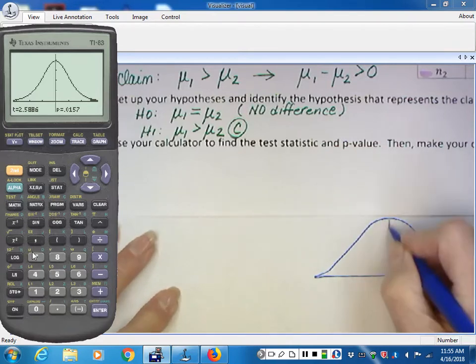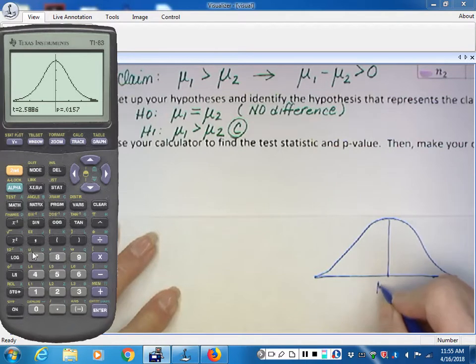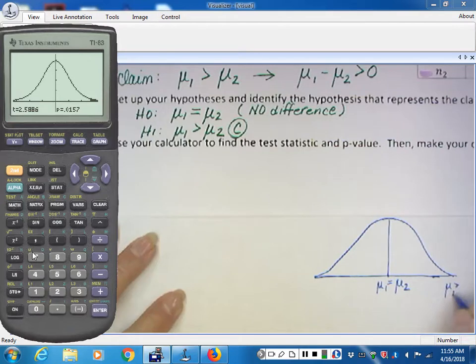So in the middle of the curve, remember that's where mu1 is equal to mu2. And this would be where mu1 is greater than mu2. So this is the area that alpha is going to be in.